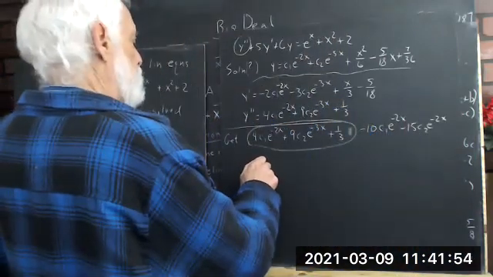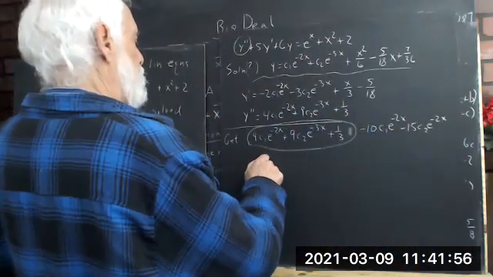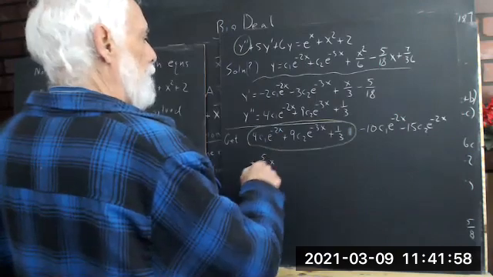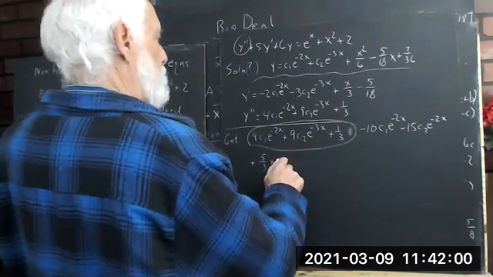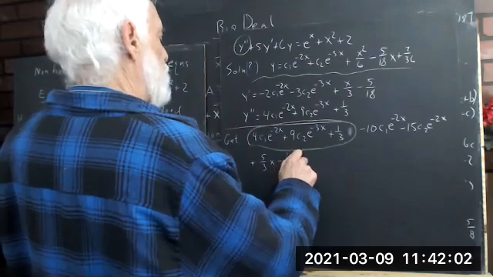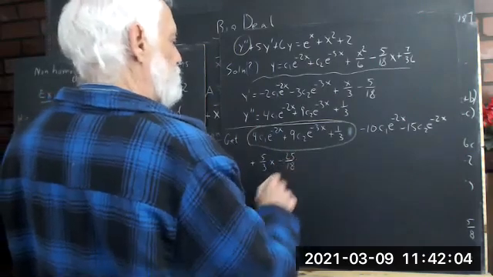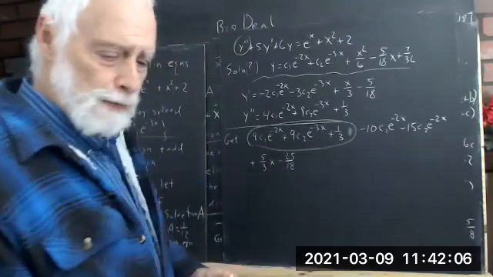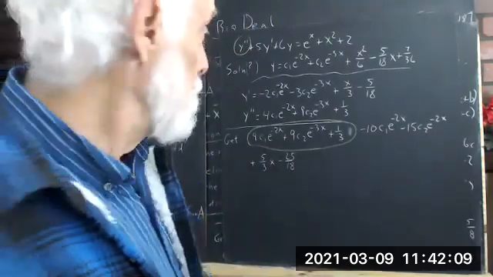And that's going to be plus 5/3 x minus 25 over 18. I'm going to be shocked if this actually comes out correct.